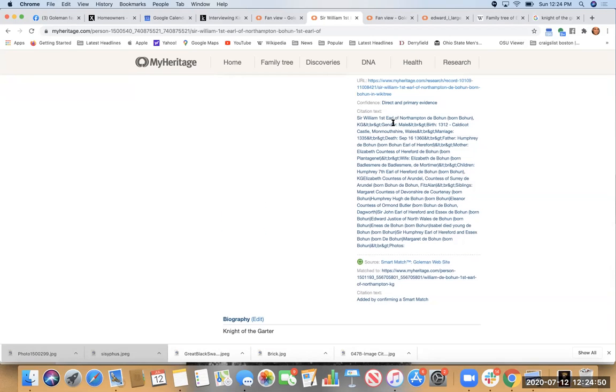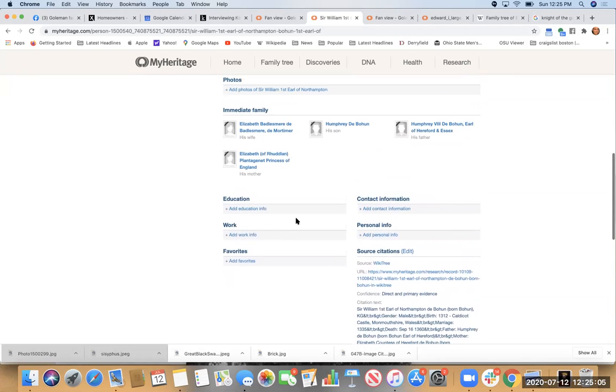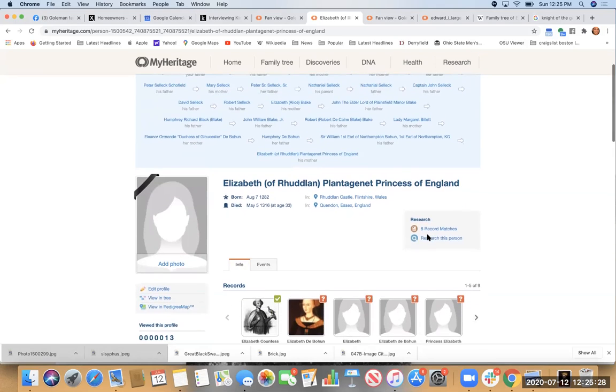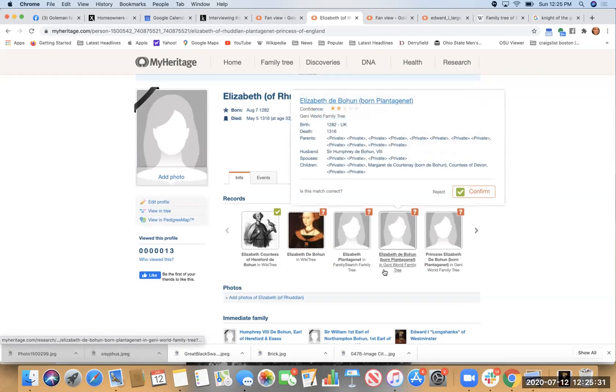Also, I noticed in these citations, there was a lot of earls and castles and things like that mentioned, which made me think, wow, this is really getting interesting. And then I came up here and looked at his father, thinking it would be another knight or something, and then I noticed his mother. And his mother was Elizabeth Plantagenet, Princess of England, and has a lot of citations also.